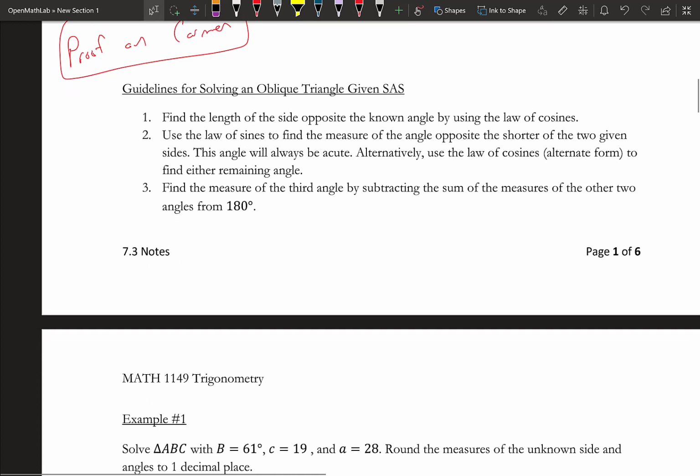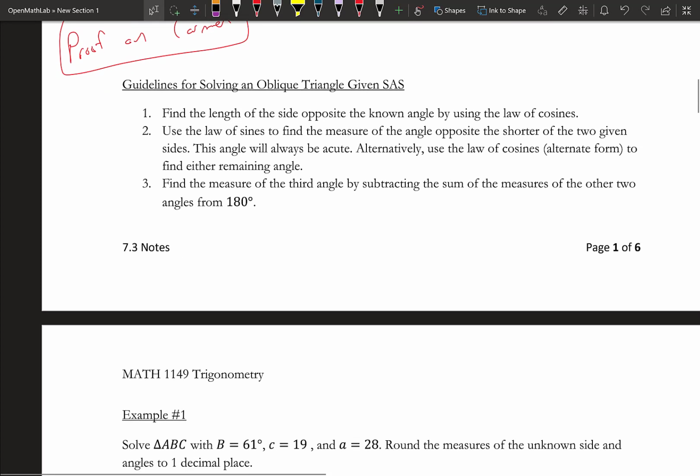Then I typed here just some guidelines for solving an oblique triangle given side angle side. If you're given that situation, these are just some recommendations. The first one is to find the length of the side opposite of the known angle by using the law of cosines. And then we can use the law of sines to find another one of the angles.